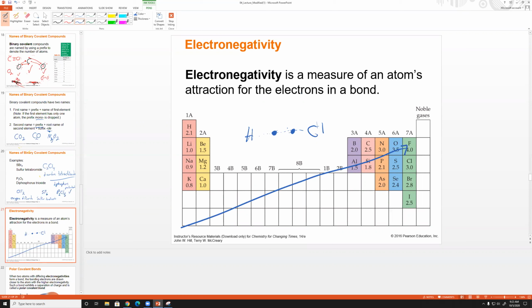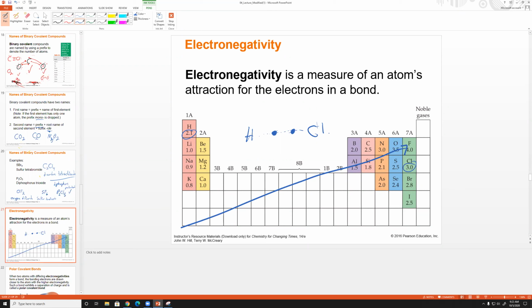Now what this means in a covalent bond is that the picture I just drew of H and Cl with the electrons in the middle is not how it works at all. Chlorine and hydrogen have very different electronegativity. Hydrogen is to the left, which means it has a very low electronegativity, only 2.1, and chlorine is higher, towards the right, at about 3.